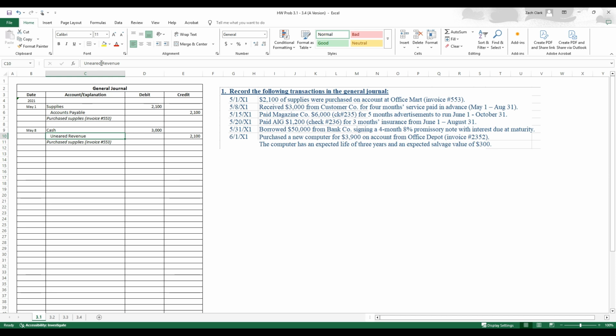I thought I fixed that. Unearned revenue, liability. And here in our explanation, we'll say customer co deposit, $750 per month, May to August.